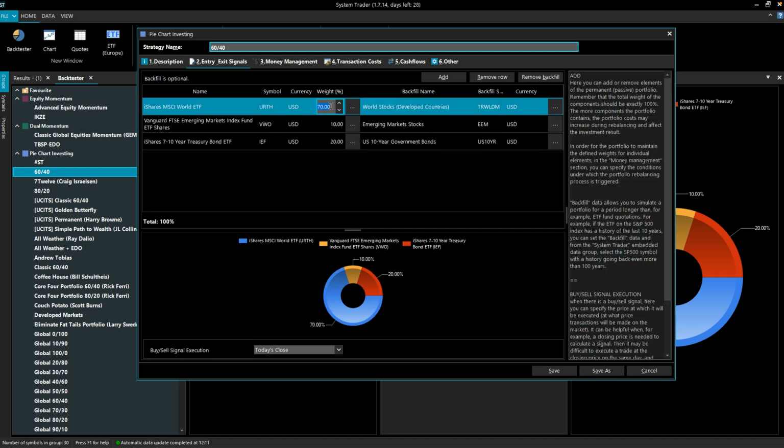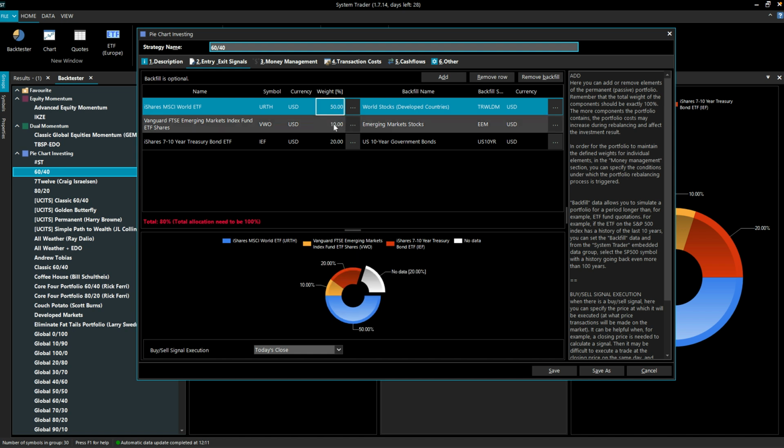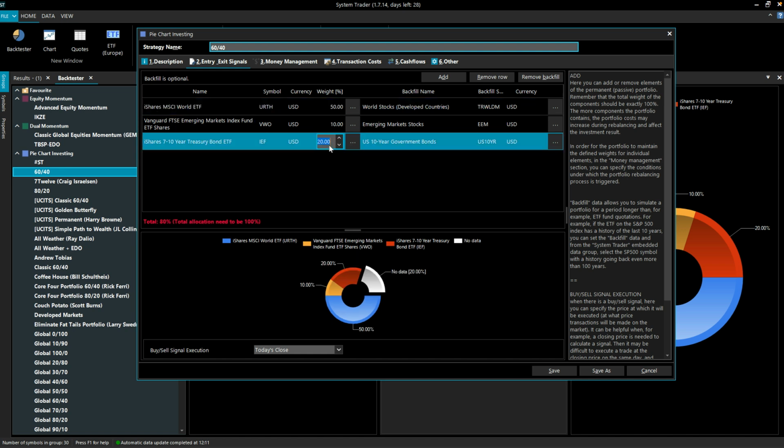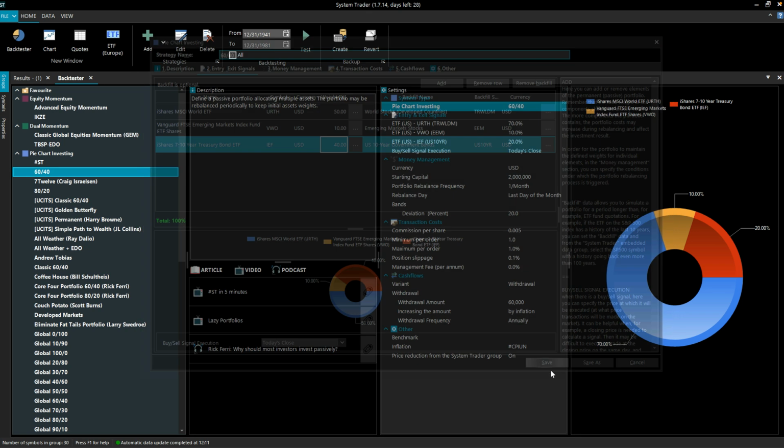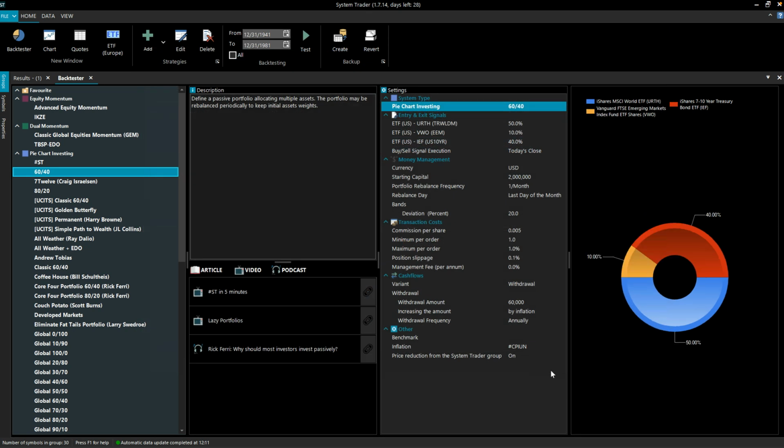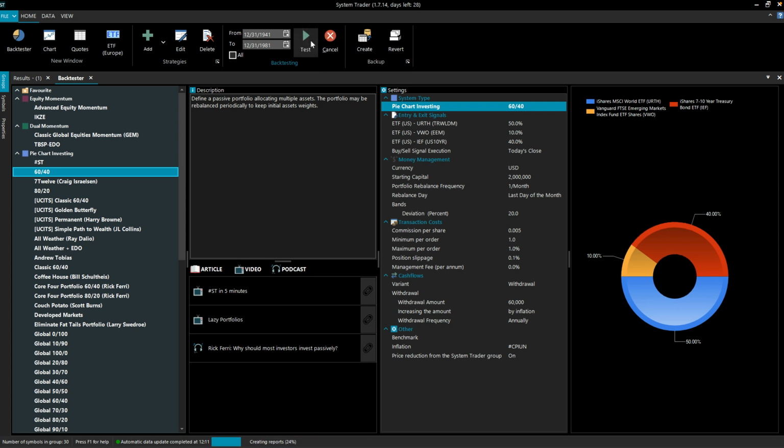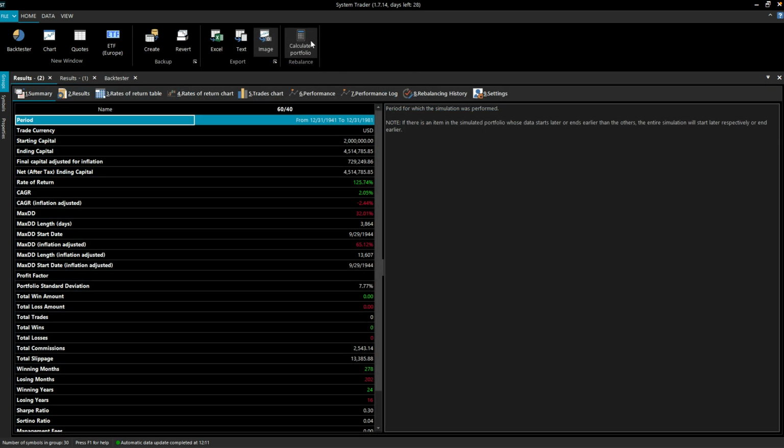So here we will make 50%, we will keep that 10%, and we will have 40% of bonds. Now we have the 60-40 portfolio. Okay, let's save it, and let's see what happens during that difficult period. We know that that was a difficult period for the markets. Let's see what happens during retirement. It's not that bad.